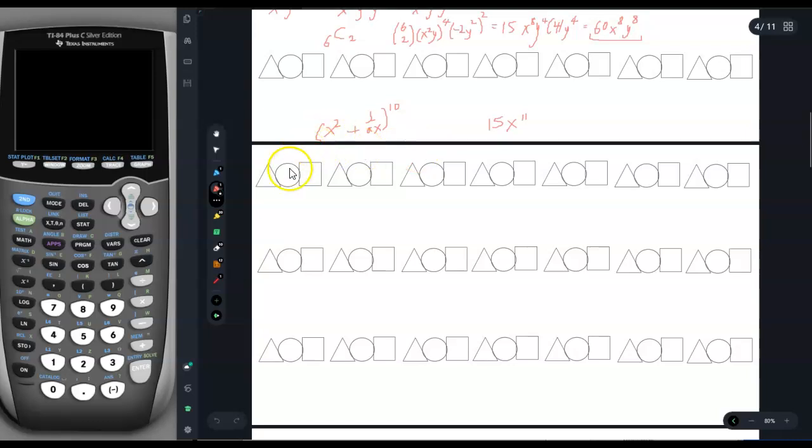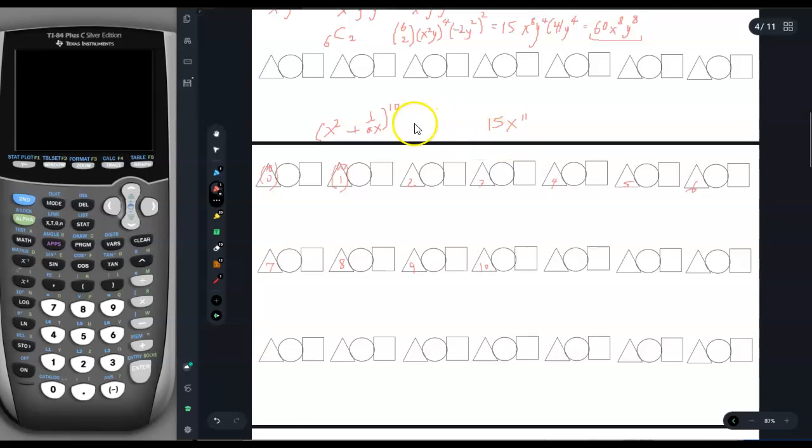So remember that the Pascal's triangle coefficient goes here. So it would be 10 choose 0, 10 choose 1, 10 choose 2, 10 choose 3, 10 choose 4, 5, 6, 7, 8, 9, 10. Okay, and that's the last one, right?